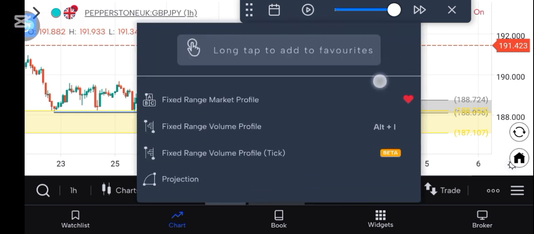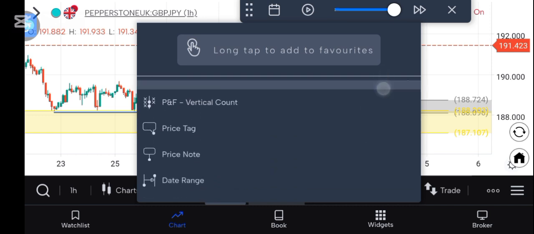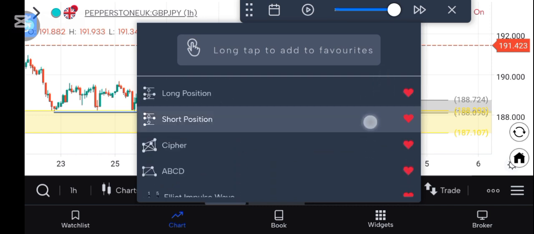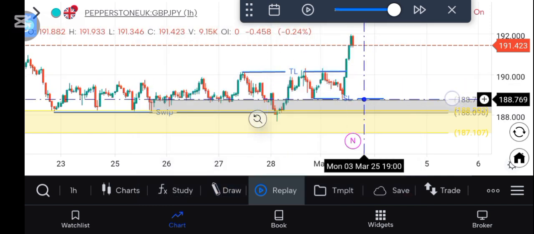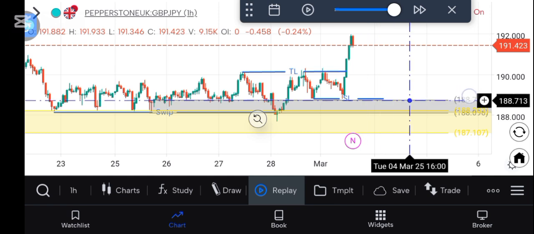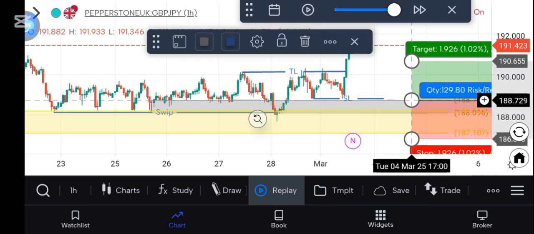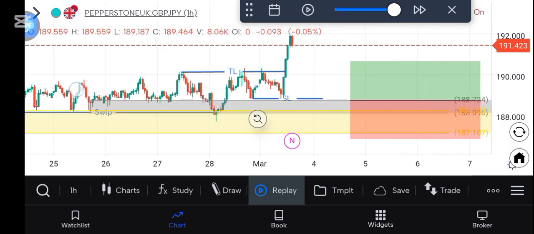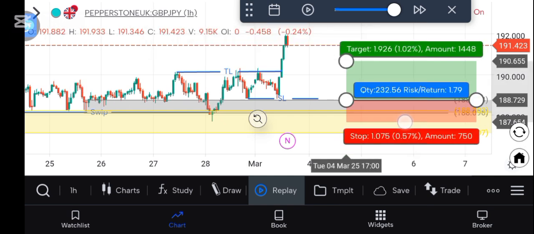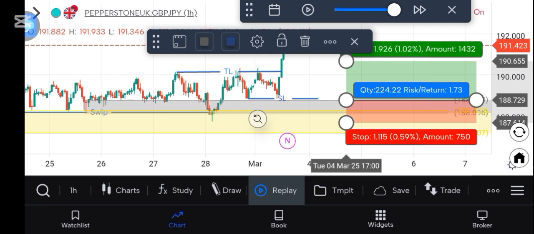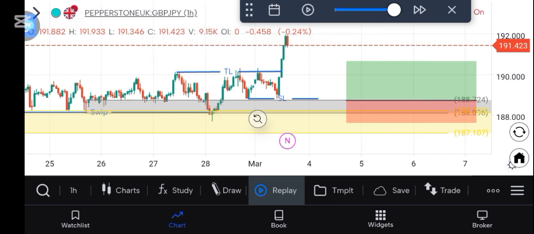He entered from that place and then put his SL at the strong low, meaning the low below.